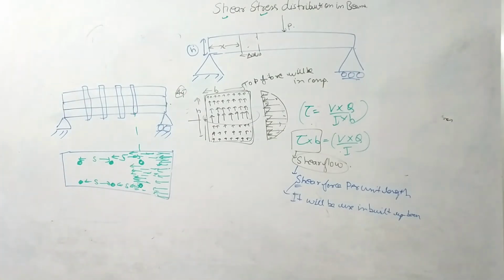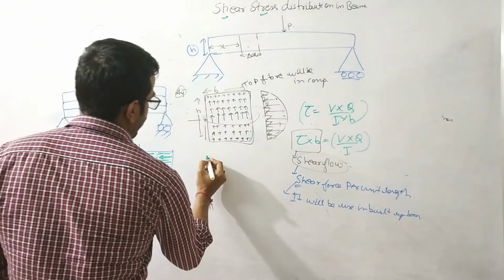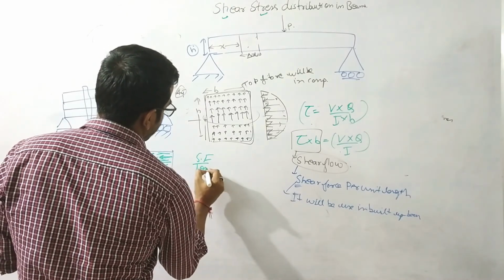Horizontal shear flow basically means shear force per unit length.